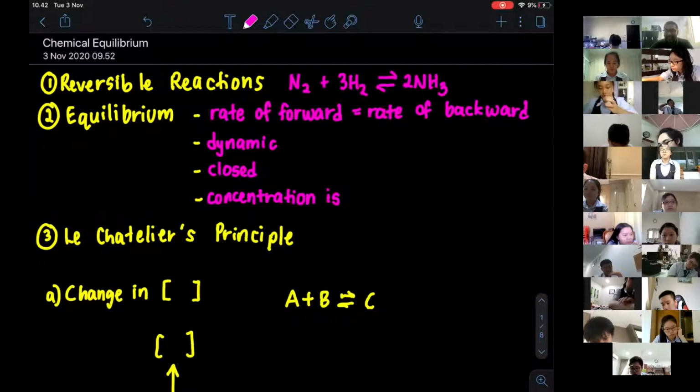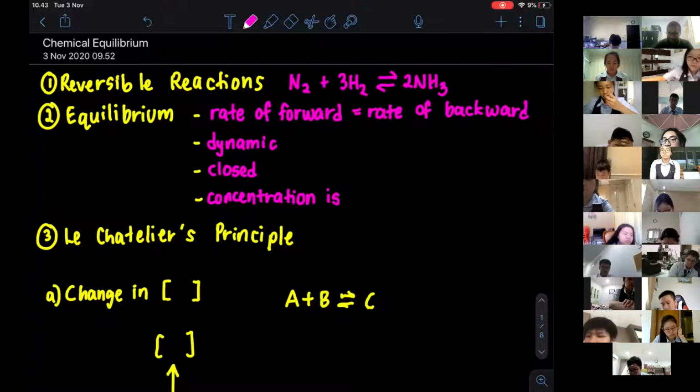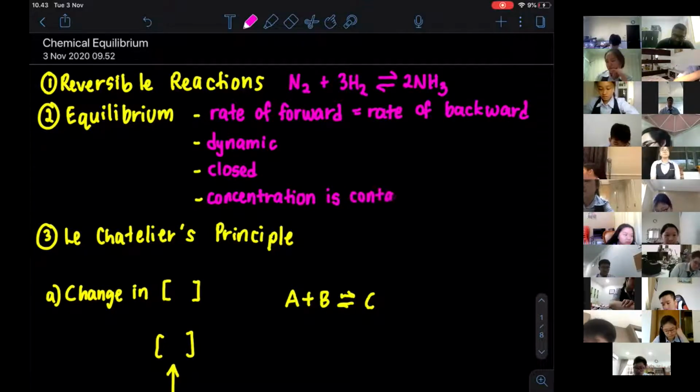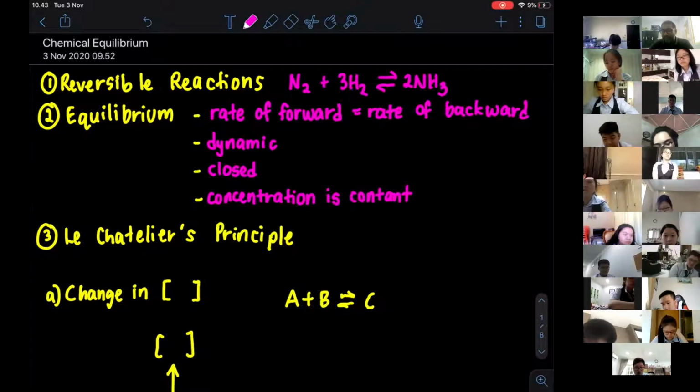There are 4 things that you need to know about this. So this one, the concentration must be constant. Once it reaches equilibrium, they are going to maintain the same concentration.